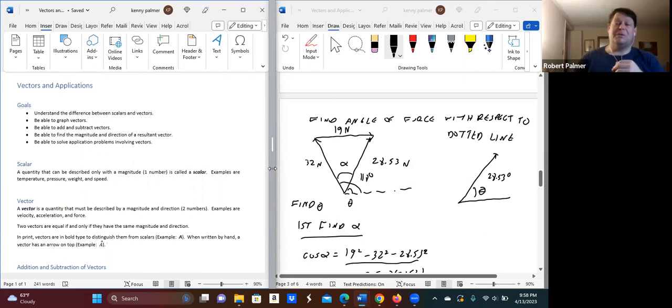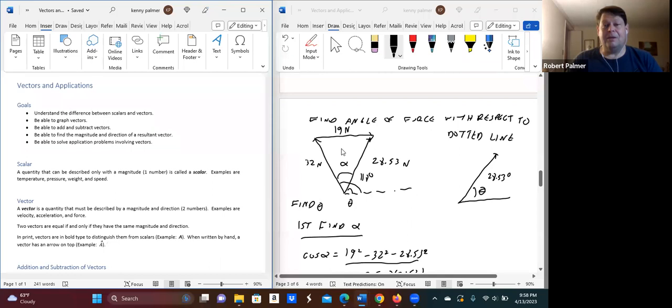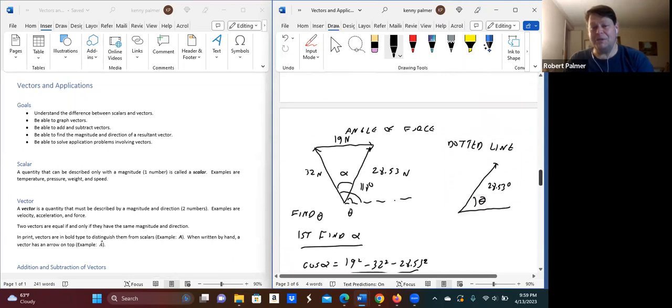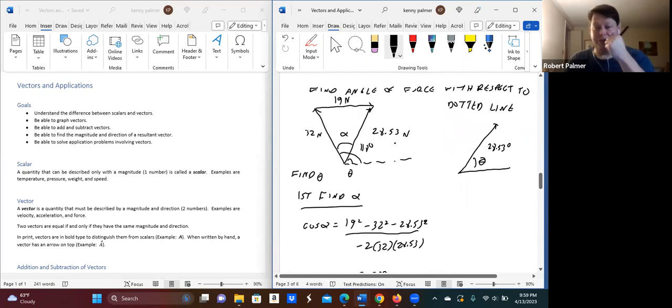A vector has to be determined by two things, a magnitude and a direction, such as a force or speed. And we learned how to add and subtract vectors, define the magnitude of the resultant vector, and find the direction of that resultant vector from some direction. Some direction has to be chosen.